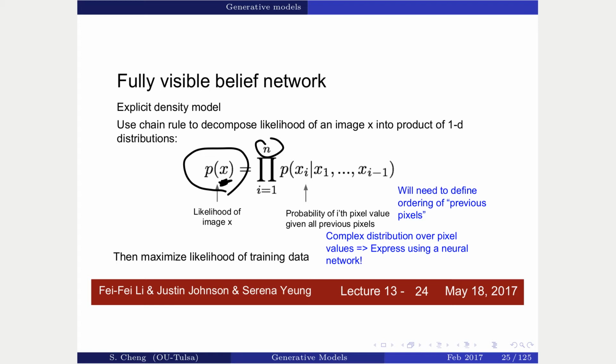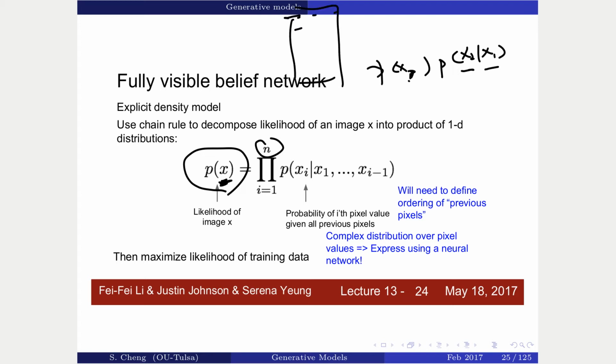So, let's say I have the probability of x1, and then given the first pixel, the probability of the second pixel will be the conditional probability of the second pixel given the first pixel. If I look at the entire image, basically I'm scanning the entire image.